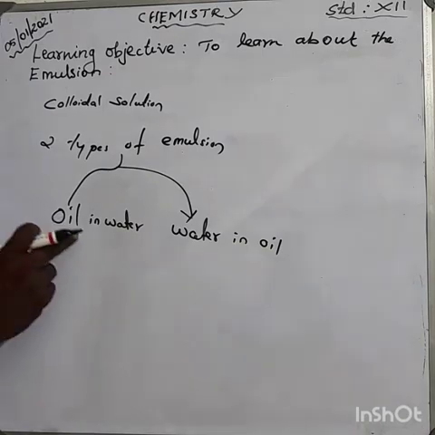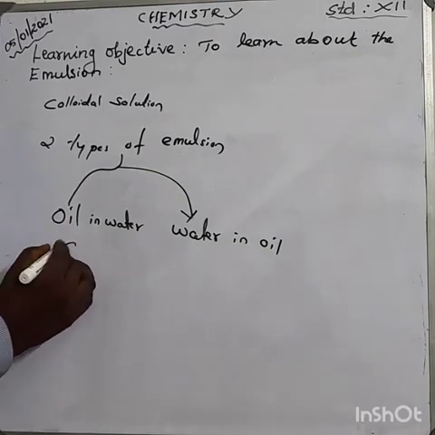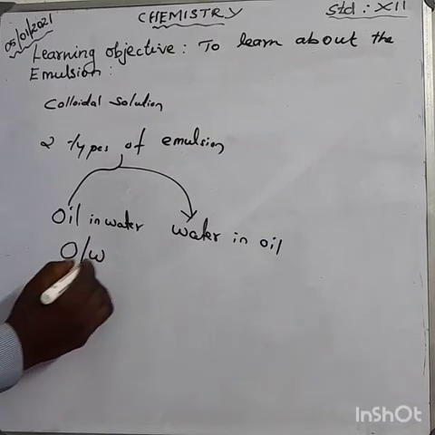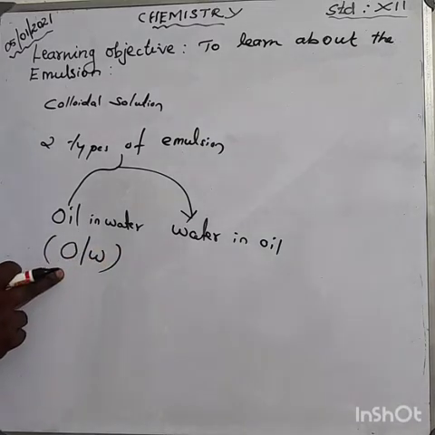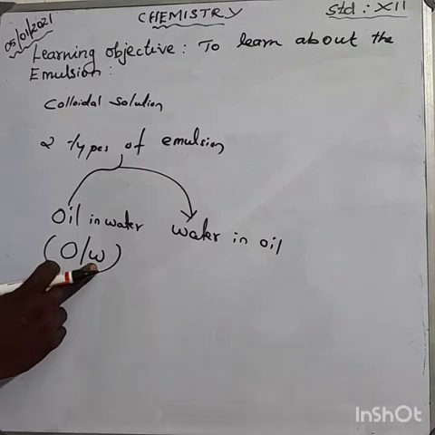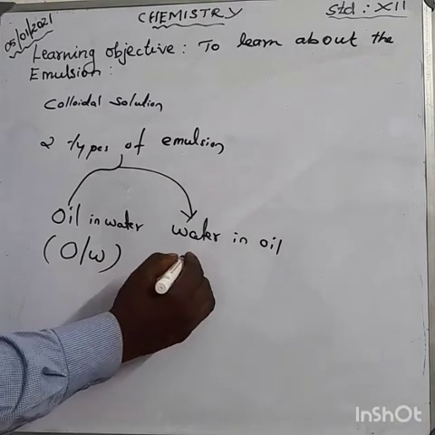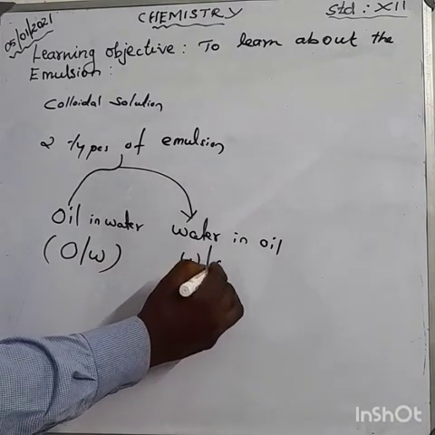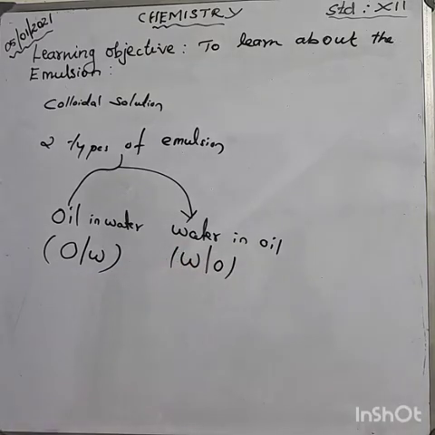In oil in water, O refers to oil, W refers to water. Here it is water in oil. These are the two types of emulsion. What are the examples?